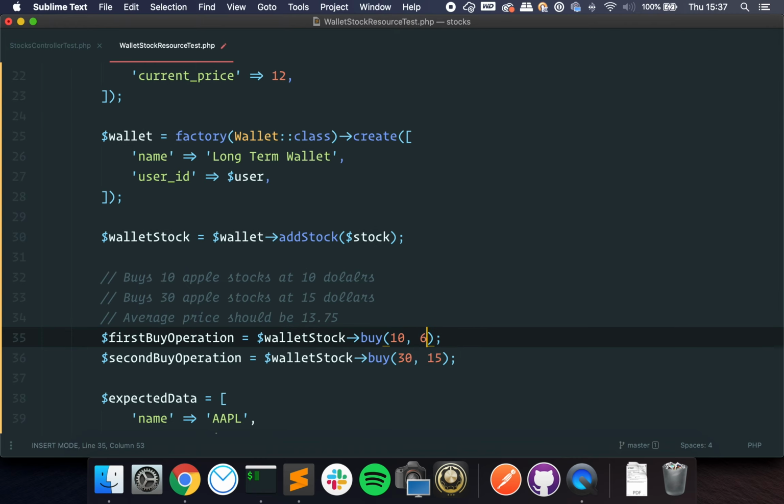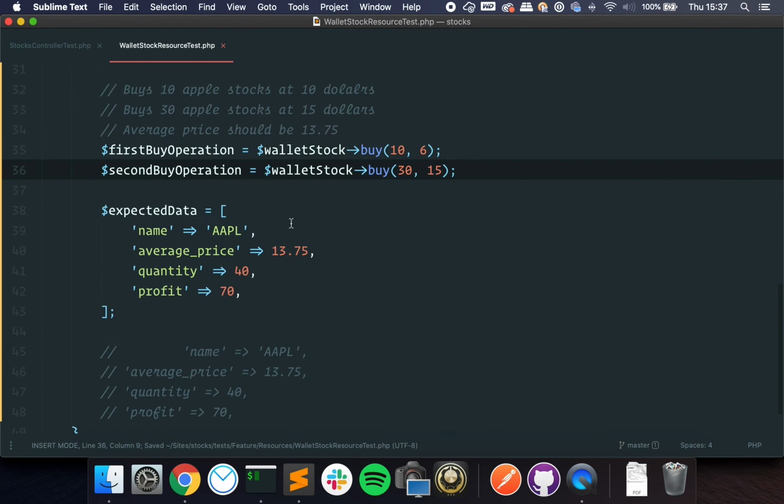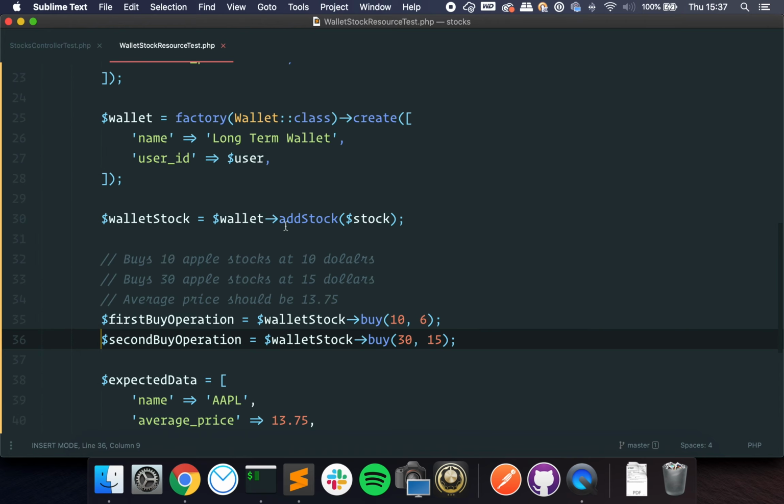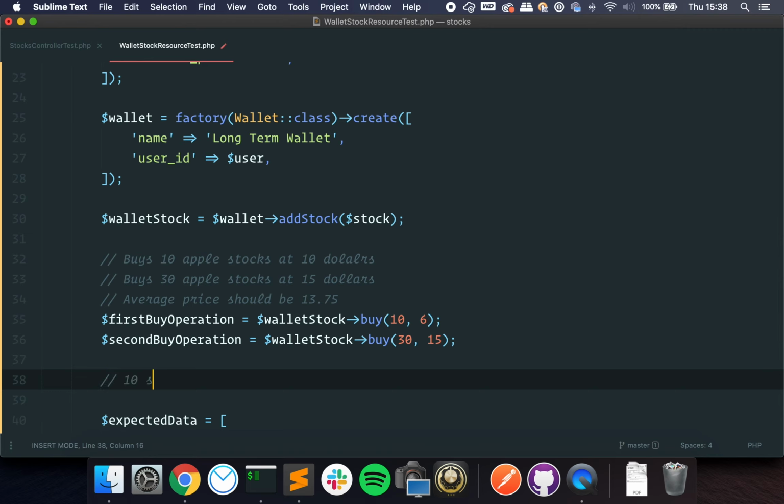Actually, let's buy it at 6. So the average price is 12. We want to have a bigger profit. So we have 10 stocks. That means that if we have 10 stocks at $6, we bought it for $60.